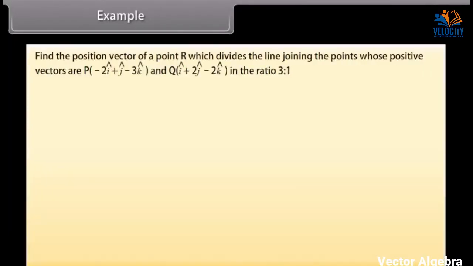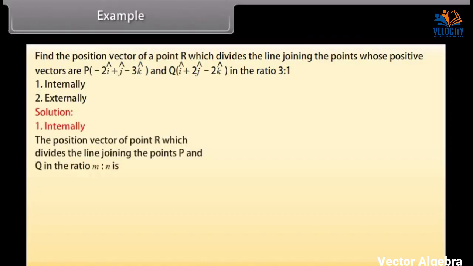Example. Find the position vector of a point R, which divides the line joining the points whose position vectors are P equals minus 2i plus j minus 3k and Q equals i plus 2j minus 2k in the ratio 3:1, one internally, two externally. Solution. One, internally.